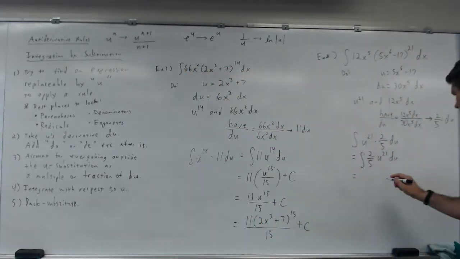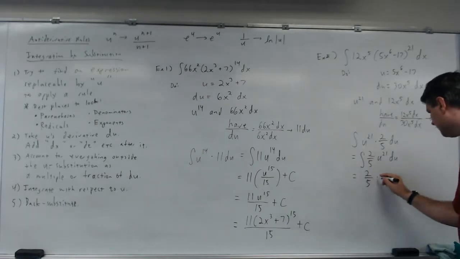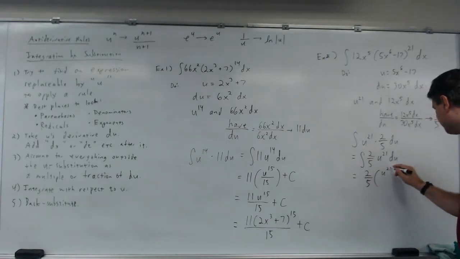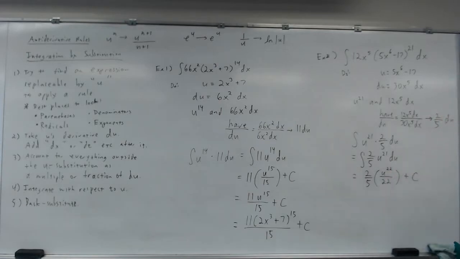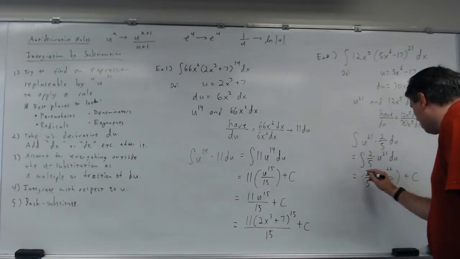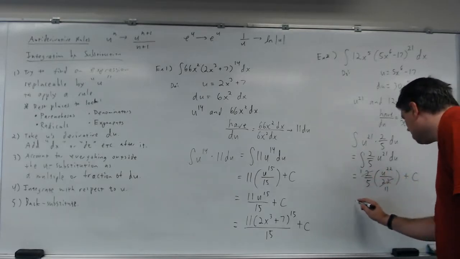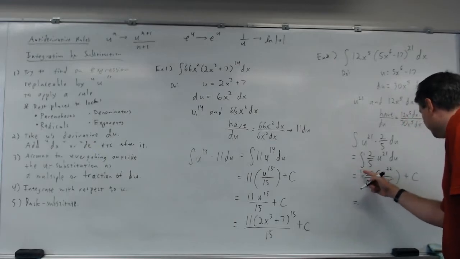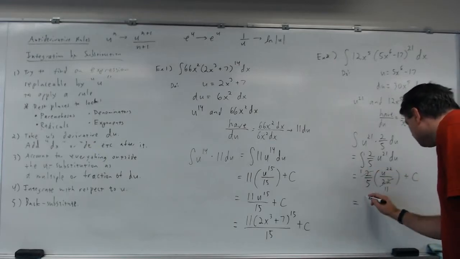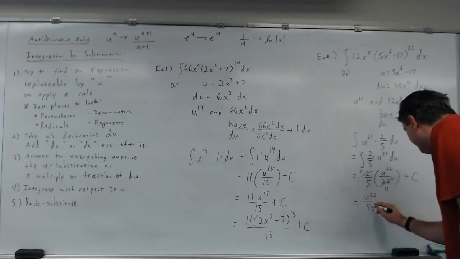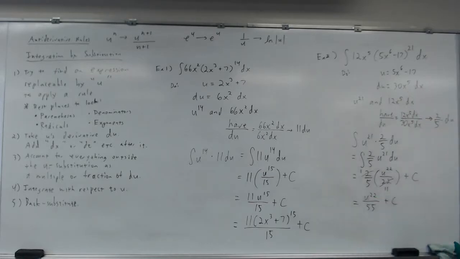So that's going to be 2/5, and then u to the 22nd over 22 plus c. And these reduce, 1 and 11, and I'll go ahead and back substitute. U to the 22nd over 55 plus c.